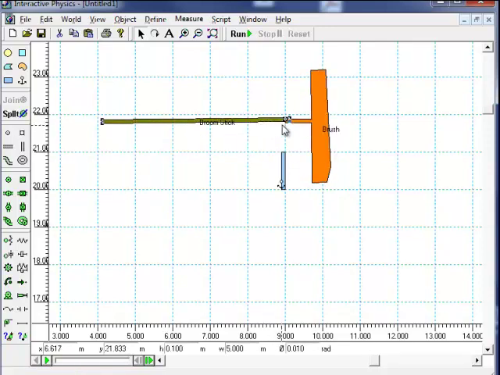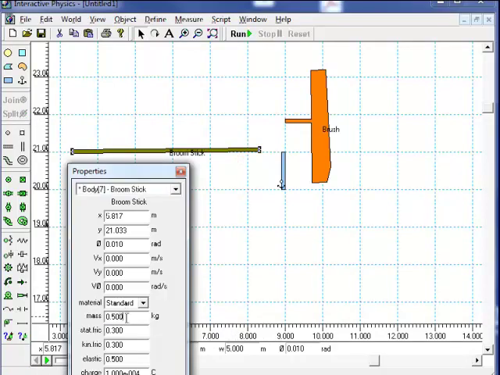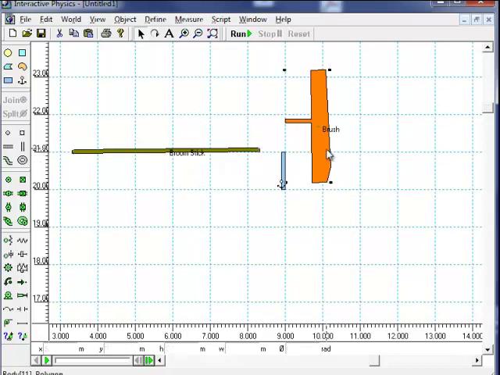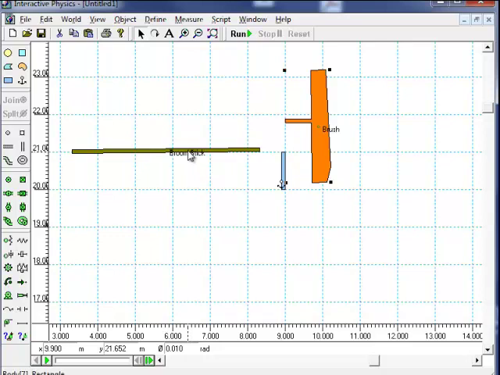Okay, so let's take it apart. I'm going to take off that joint here. So here's the broomstick. It has a mass of 0.5 kilograms, while the brush part has a mass of 1.4 kilograms, almost 3 times as much, just as the lever arm for the broomstick was almost 3 times as much as the lever arm for the brush.